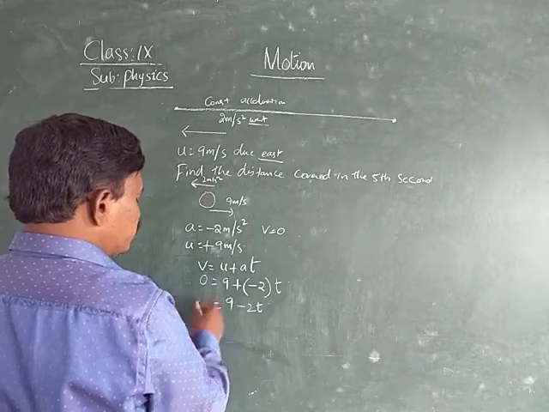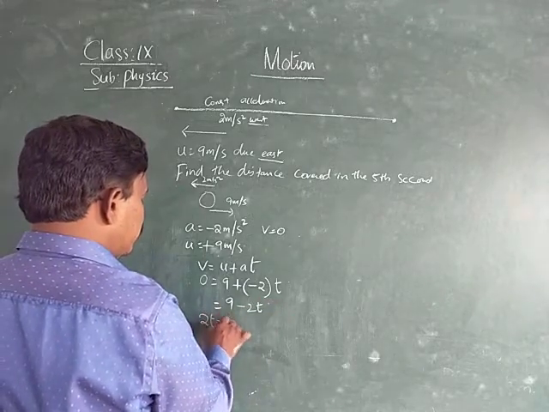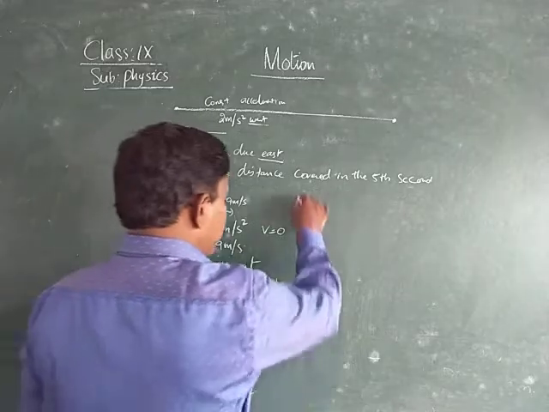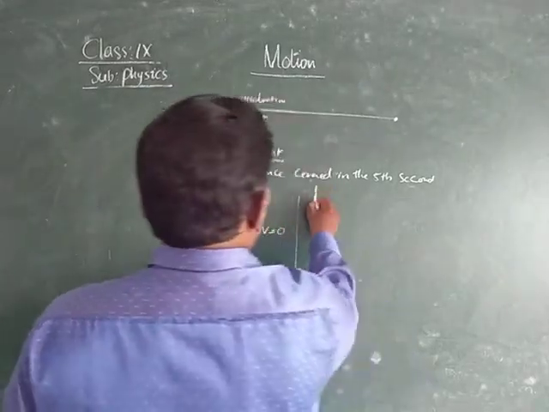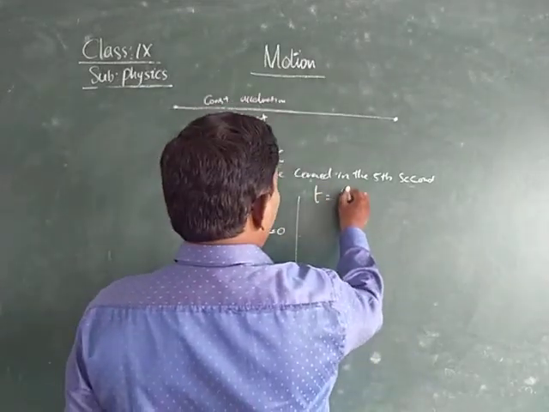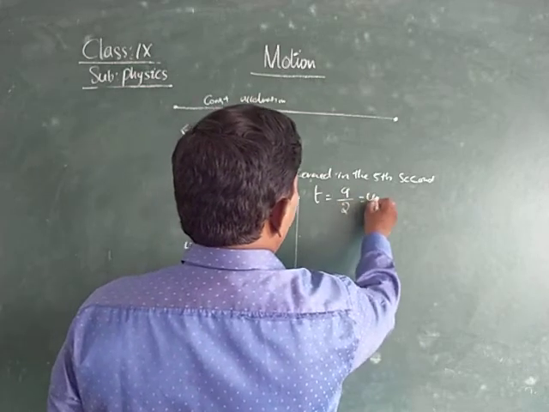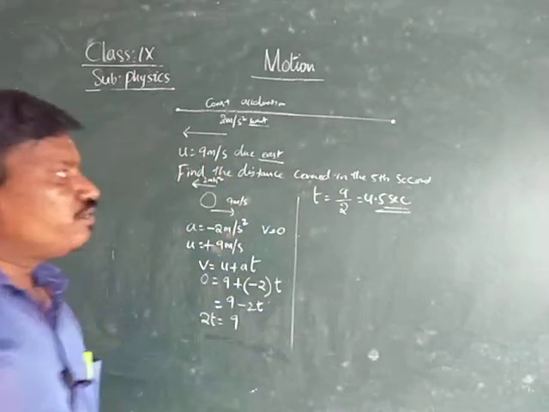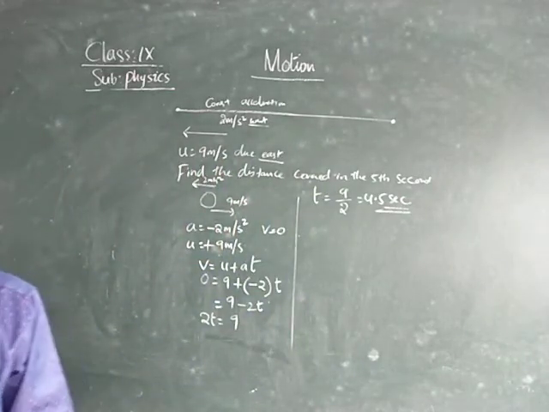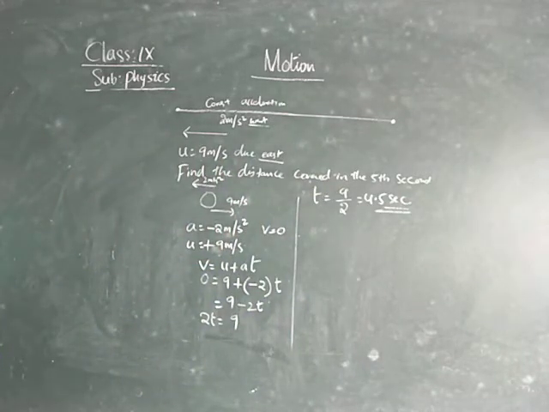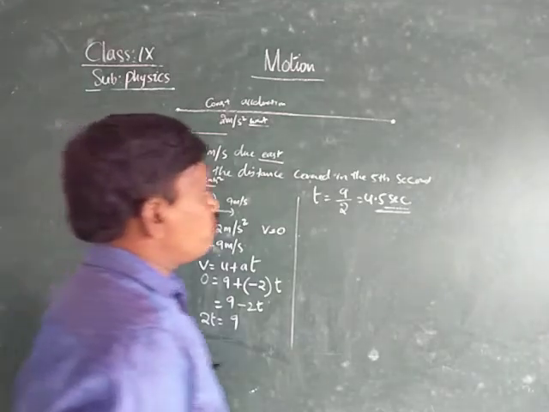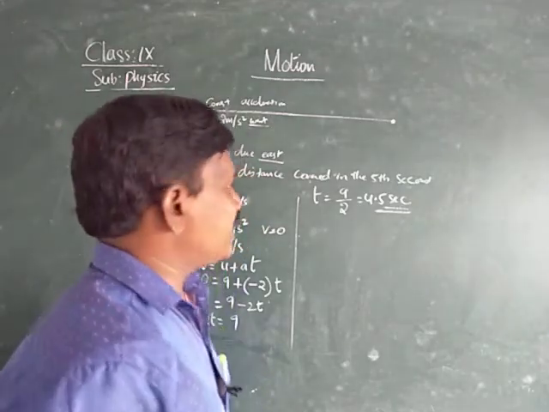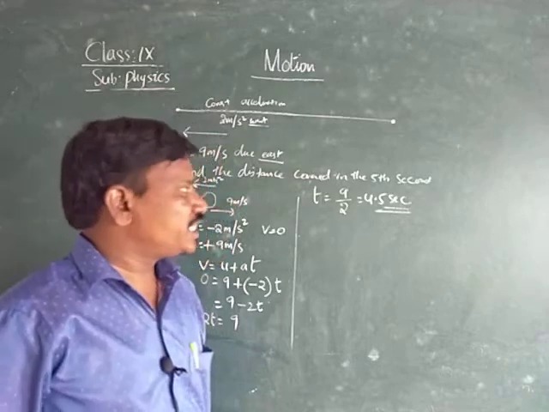If you transpose this minus 2T to this side, we get 2T is equal to 9. Therefore, T is equal to 9 by 2, that is 4.5 seconds. The time taken is 4.5 seconds.